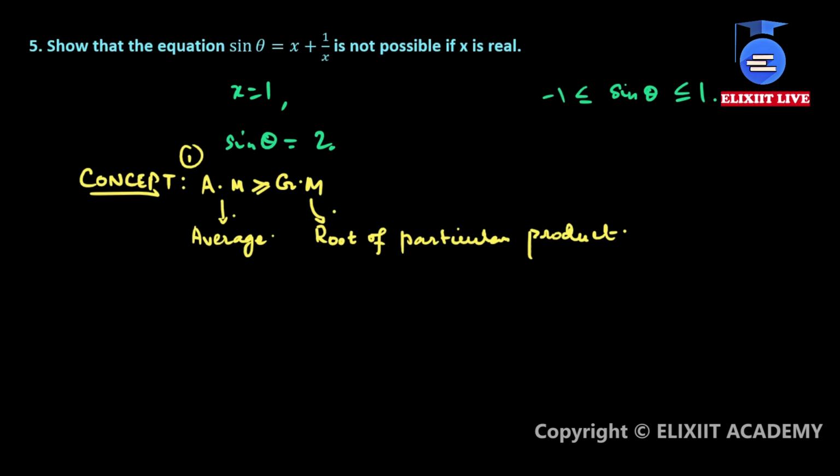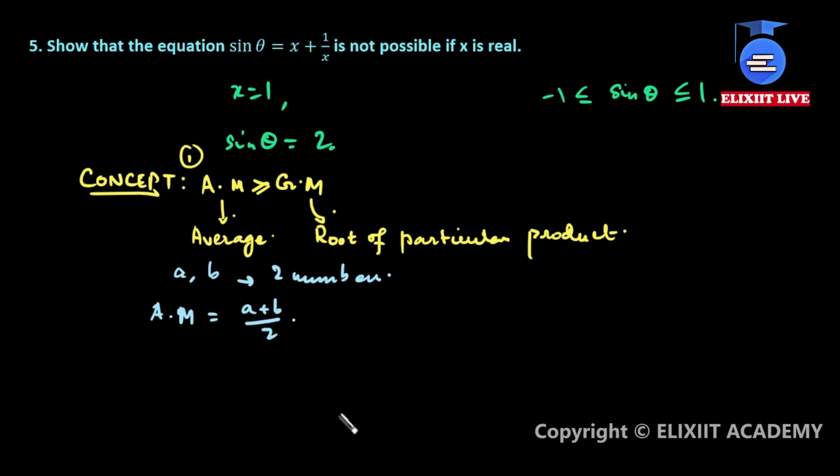So what is the average? Right now I am saying the general meaning. We'll do detailed proofs under inequalities, but this is the thing. Suppose I take two numbers, A and B. So what is the arithmetic mean? AM will be A plus B by 2, just simply the average of those two numbers.